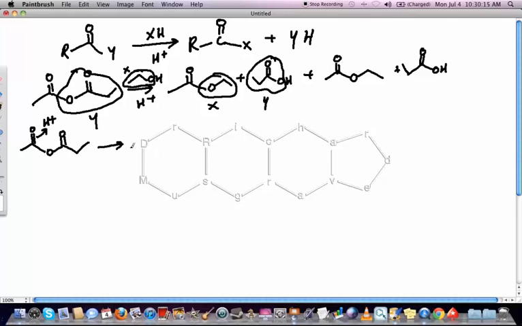So the H plus will come in and attack the C double bond O, something we've seen many times before.